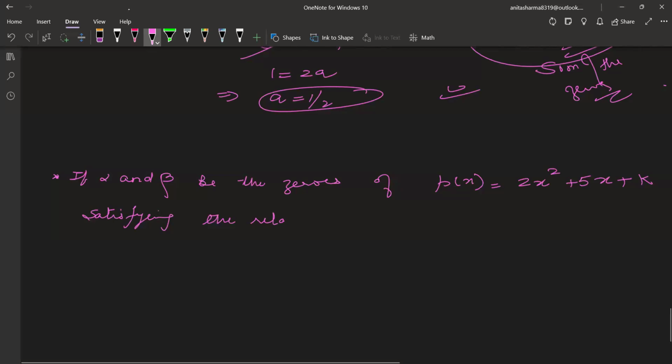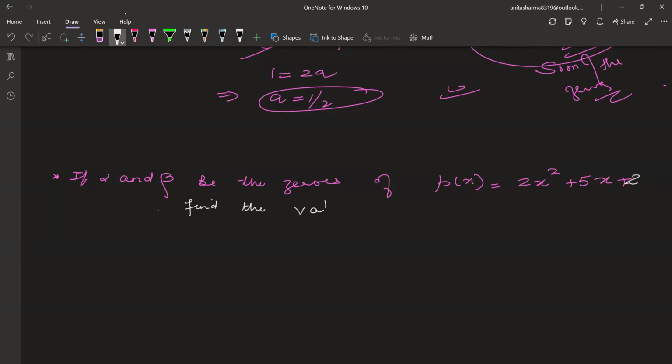Change this question, just wait. If alpha and beta be the zeros of this, here is 2, then find the value of alpha square plus beta square plus alpha beta.